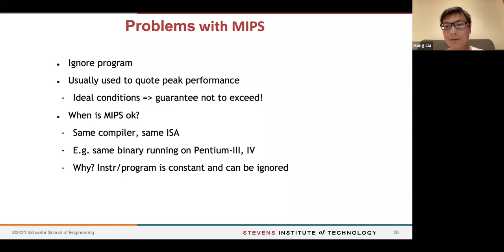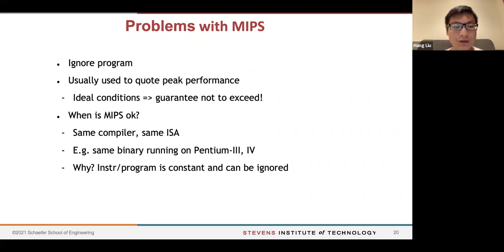So that means the same number of instructions means the same compiler, same instruction set, and the same clock cycle means you have to run the same instruction set architecture. Otherwise, let's say if you run one instruction on Pentium 3 and the other on Pentium 4, maybe your MIPS is lower on Pentium 4, but it is actually faster, because you might have a fewer number of instructions and maybe other things, right? We don't know.